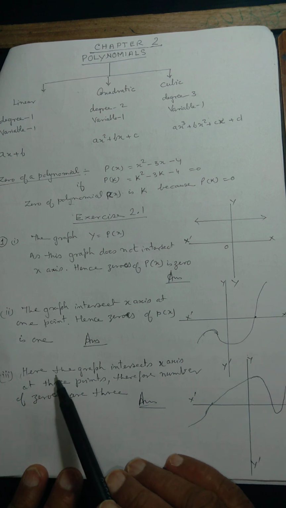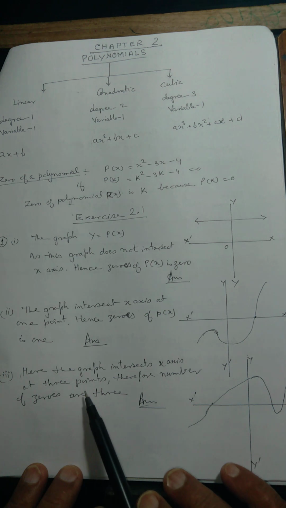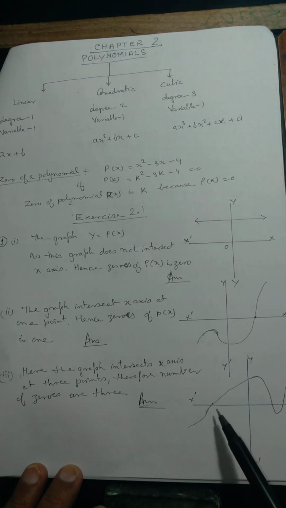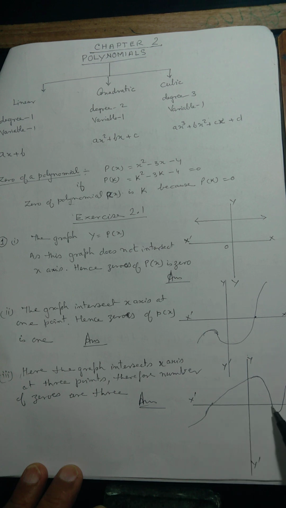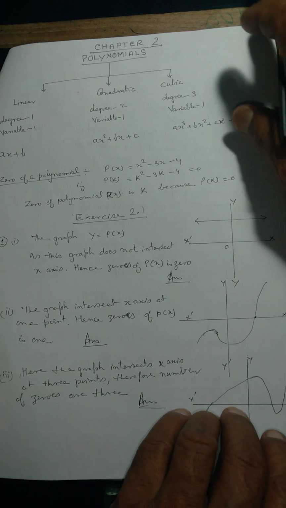Now the third part, here the graph intersects the x-axis at 3 points, therefore the number of the zeros are 3. You see 1, 2, 3. These are the 3 points, hence its zero will be 3.